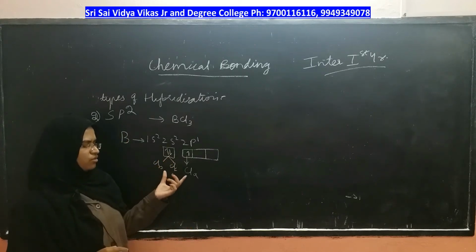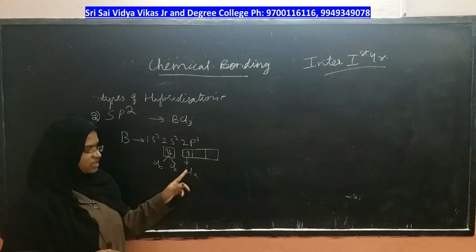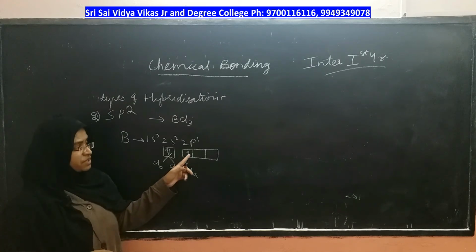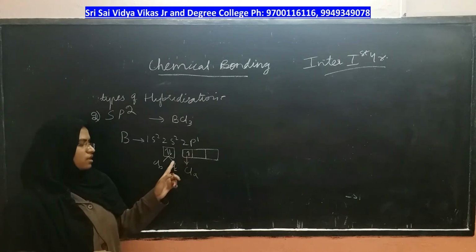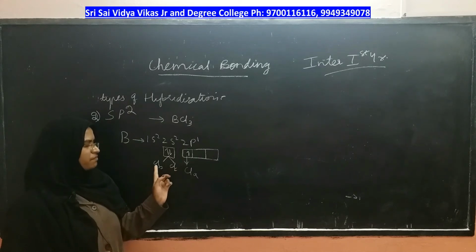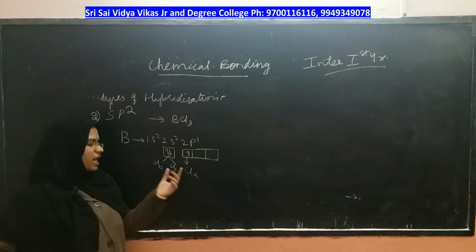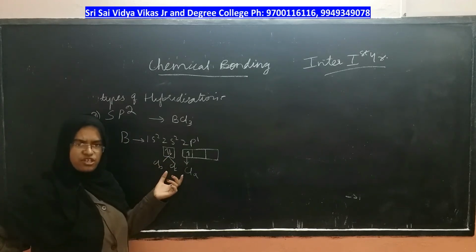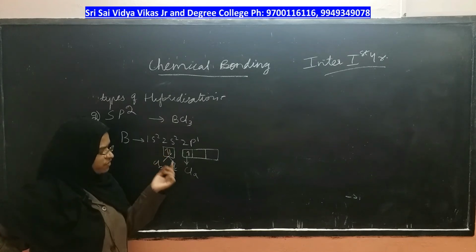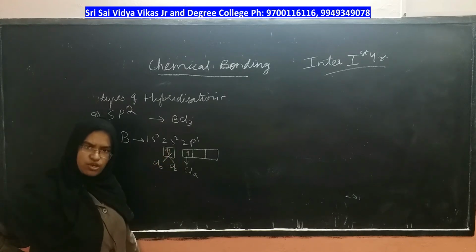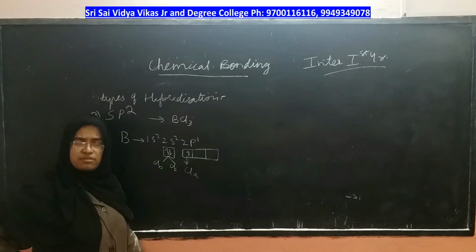Are they the same now? Chlorine A is overlapping with the p orbital of the boron. Chlorine B is overlapping with the s orbital of the boron. Chlorine C is overlapping with the s orbital of the boron. Are they showing the same strength of bond? If two different orbitals are overlapping, will the strength be the same?